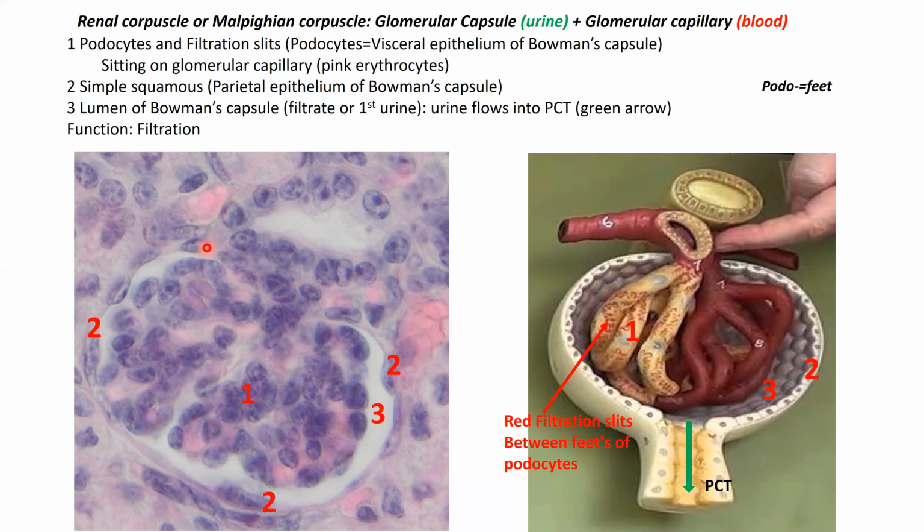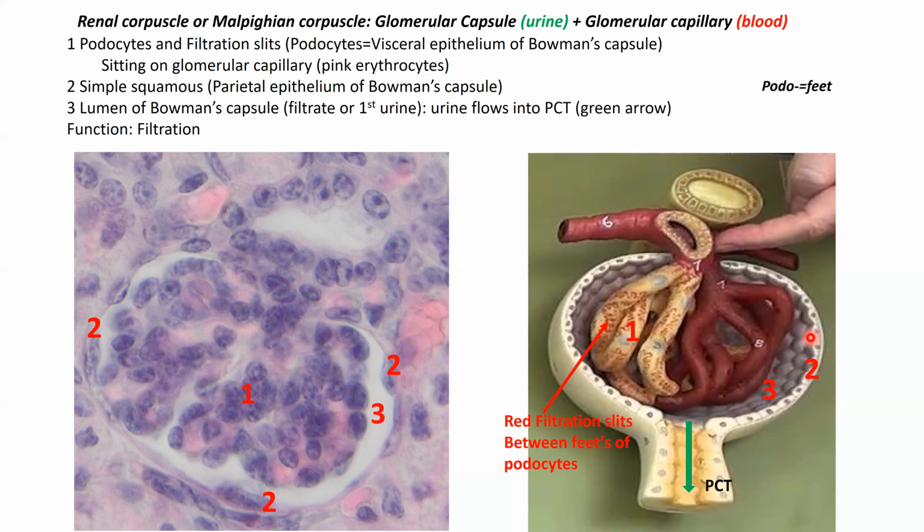This is the simple squamous epithelium of the parietal layer of the Bowman's capsule. So this is the visceral and this is the parietal layer. What's between? The lumen of the Bowman's capsule or glomerular capsule. This is where the filtrate or first urine will show up.